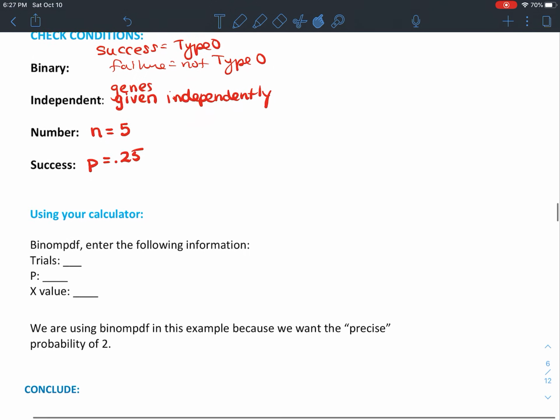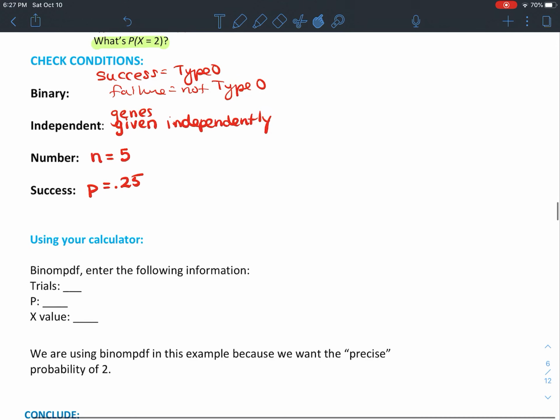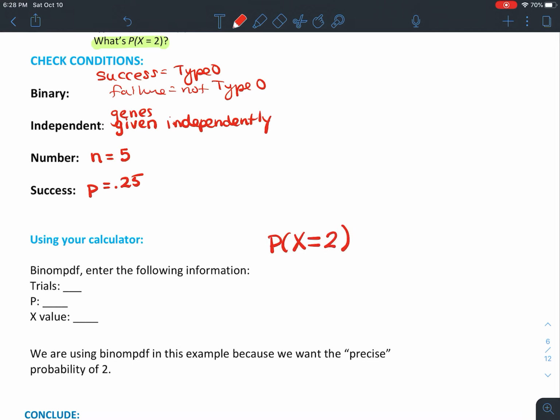Okay, so we're going to do this problem using the calculator. Now this is an equal to problem. We're looking for the probability that exactly 2 of the children out of the 5 would have type O blood. So this is going to give us an opportunity to use the binomial PDF, with our 3 inputs of 5 trials, probability of a success 25%, and then the number of successes that we're after is 2.